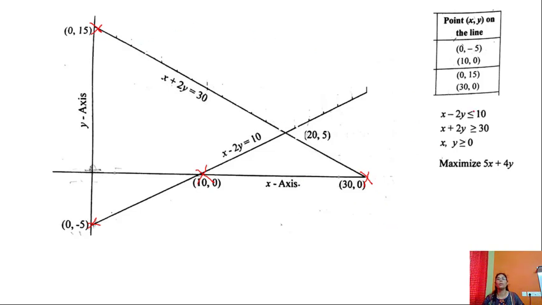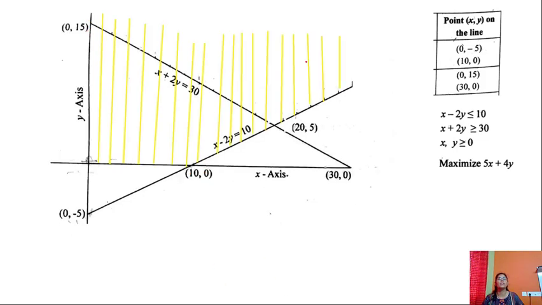Now we have to decide about the feasible region. So the first equation says it is less than equal to 10. If this is the straight line, x minus 2y is equal to 10, then the region which is to the left is the region which is less than equal to 10.